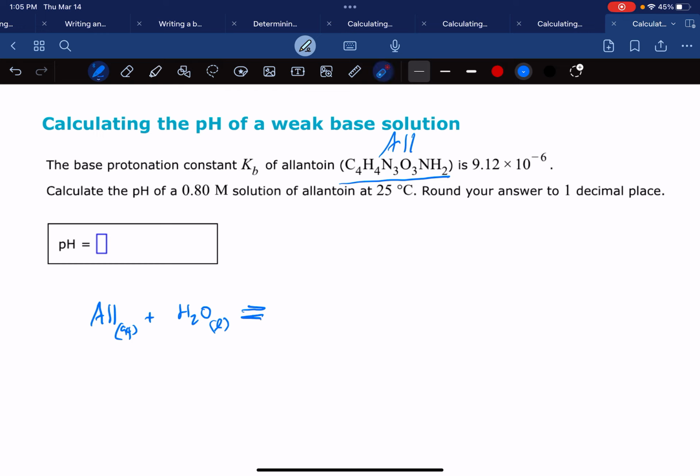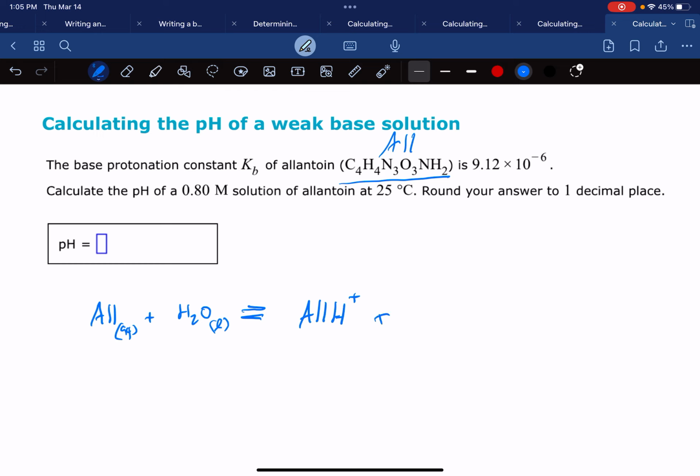And what we do know that's going to happen here is that since this is a base, we want to pull one of the hydrogens off of this, right? And when that happens, we're going to end up with Al grabbing an H, and then that H is going to make this whole compound positive.